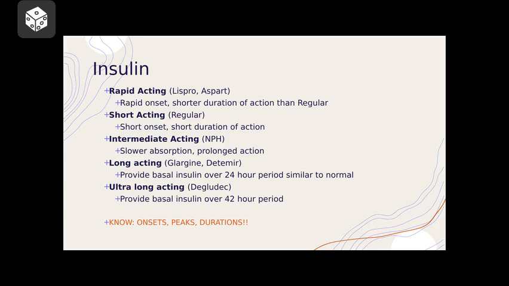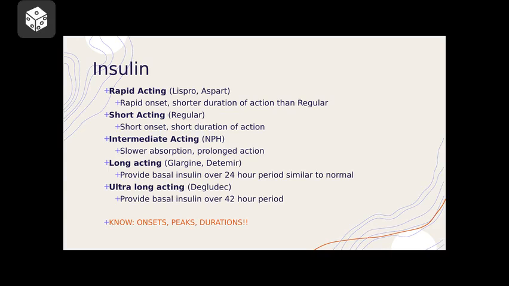While you're in practice, you might see several combinations. I know you guys learned about mixing insulins last semester, or maybe this semester, depending on where you are in the program. You might see regular mixed with an intermediate insulin to give you that quick coverage from the regular to help cover your meal, and then a longer acting coverage from your intermediate acting or NPH insulin.